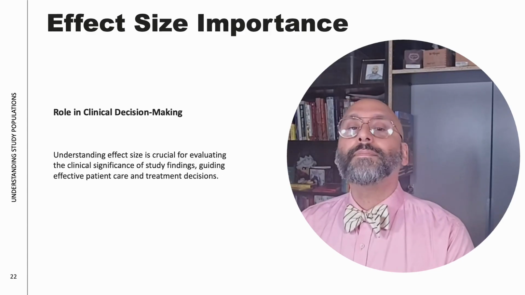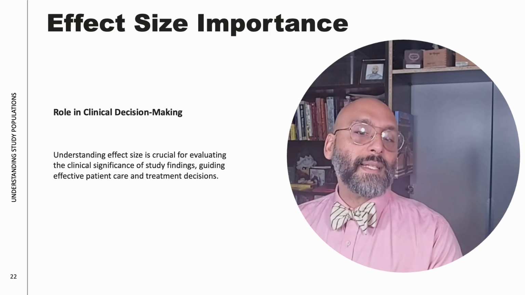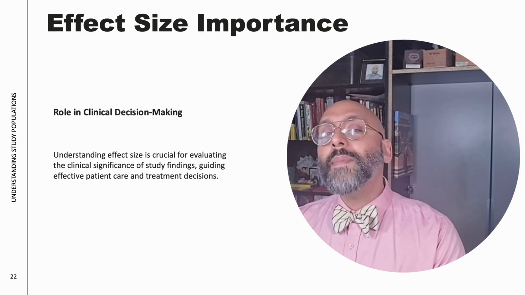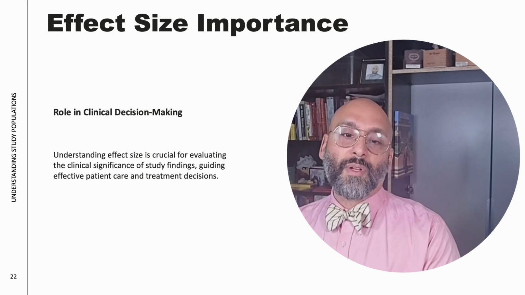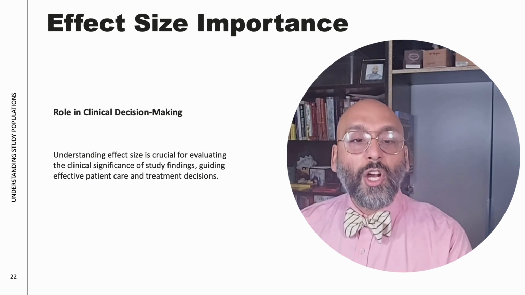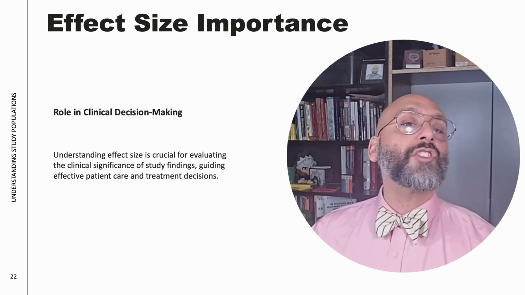So for example, you have two antidepressants and both work statistically, but one may produce a small average symptom change, while the other produces a change large enough that patients actually notice a difference in daily functioning.